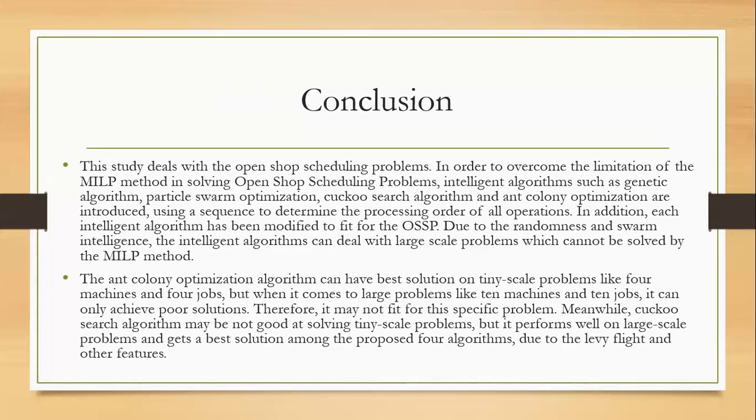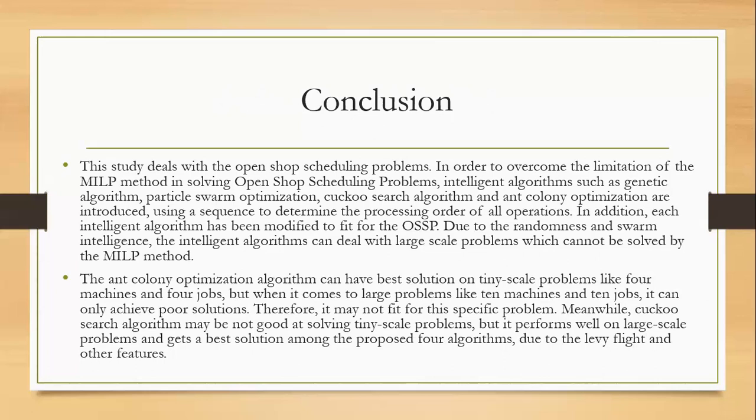Due to the randomness and swarm intelligence, the intelligent algorithms can deal with large-scale problems which cannot be solved by the MILP method. The ant colony optimization algorithm can have the best solution on tiny scale problems like 4 machines and 4 jobs, but when it comes to large problems like 10 machines and 10 jobs, it can only achieve poor solutions.